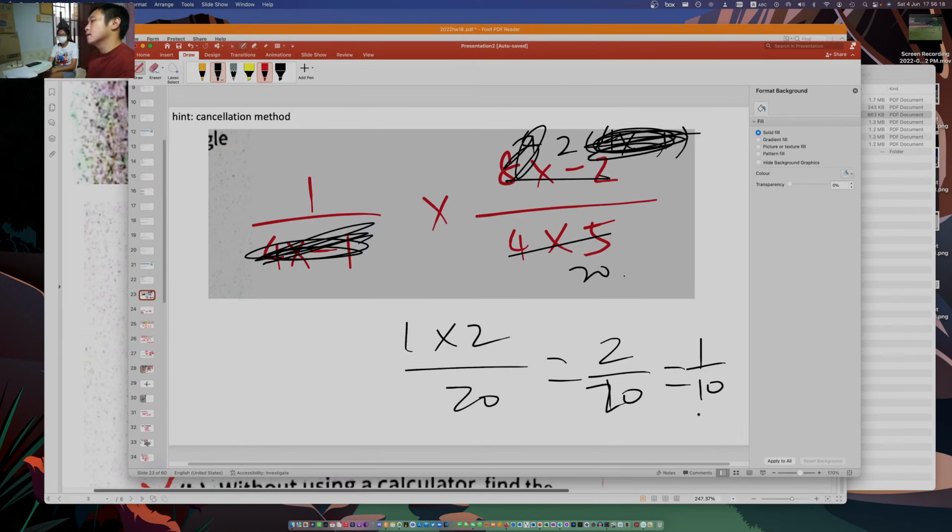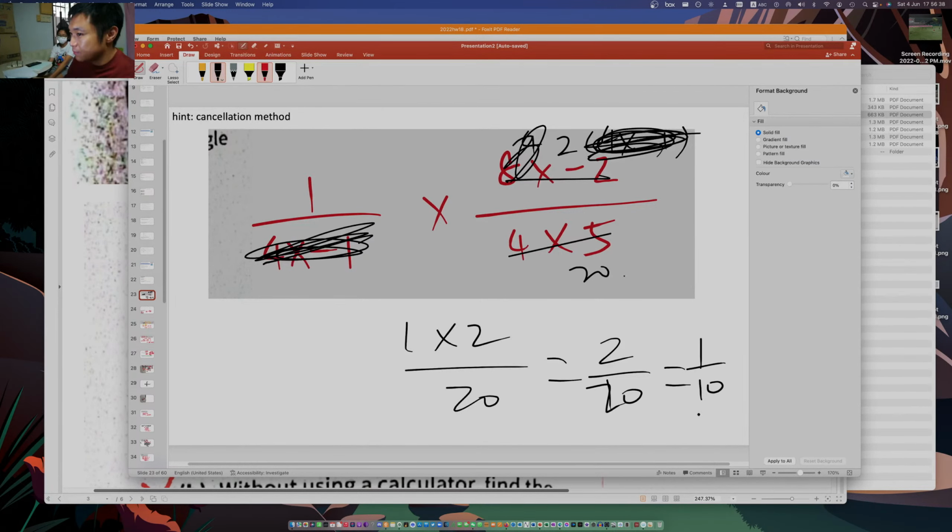So the answer is 1 over 10. So factorization in a way is to help you simplify when possible.